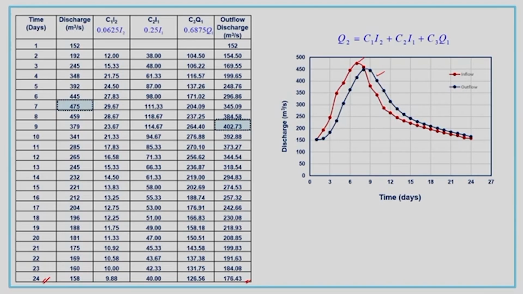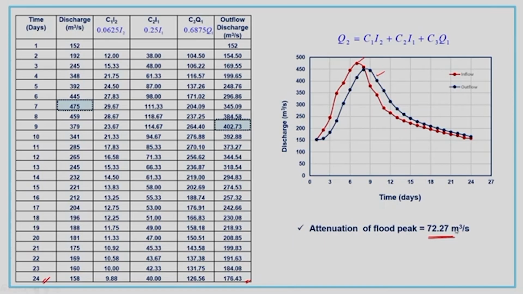The difference between them, or the reduction in the peak value from inflow to outflow, is considered as the attenuation of the discharge value. So, the attenuation of flood peak is calculated as 72.27 meter cube per second.